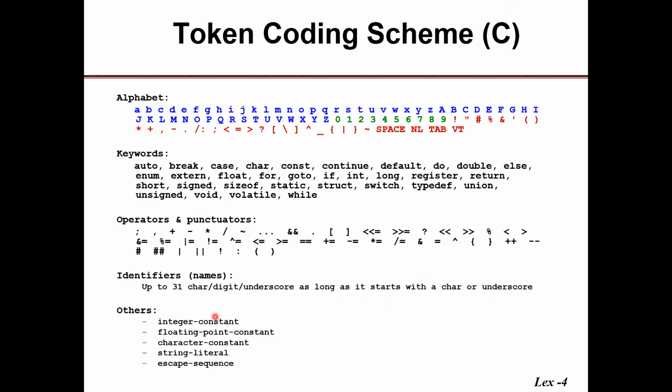But we have some other rules too. Some of the most fundamental rules are the actual alphabet. We saw examples of that in the BNF, but of course in C, the alphabet's a little bit bigger. In addition to a through z lowercase and A through Z uppercase, and the digits 0 through 9, we also have some special characters that we can accept.